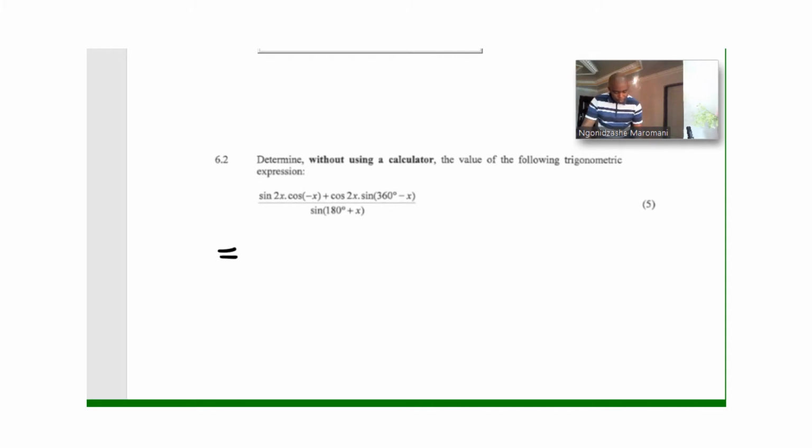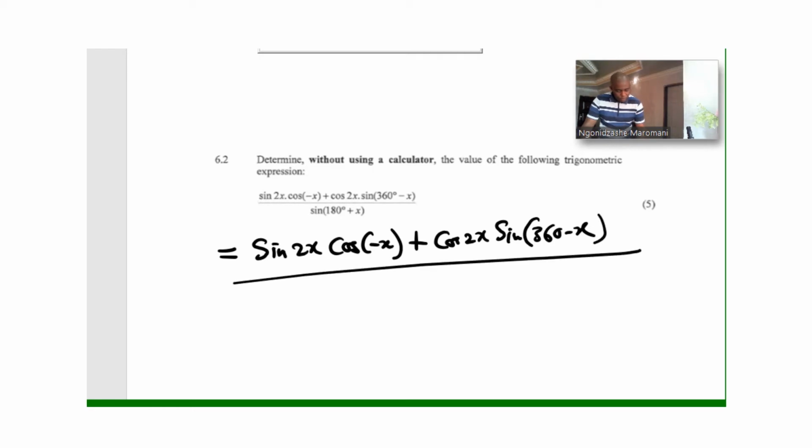It's sine of 2x cos of minus x plus cos of 2x sine 360 minus x, all over sine of 180 plus x.